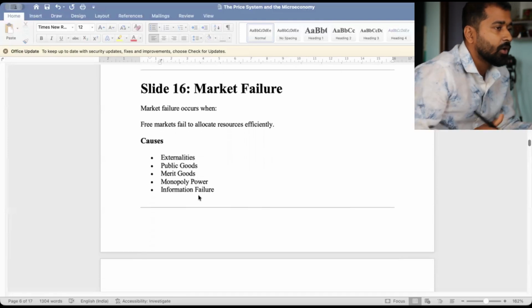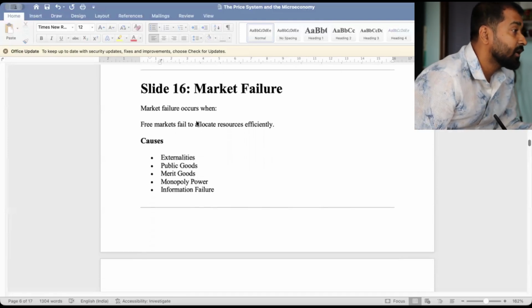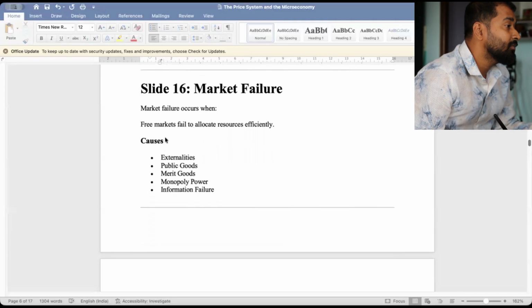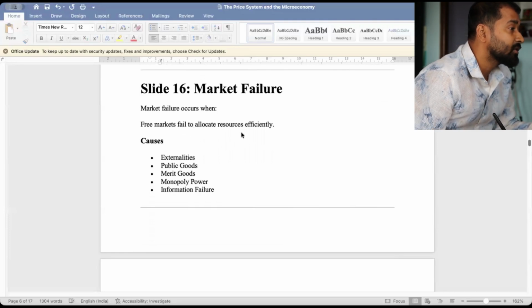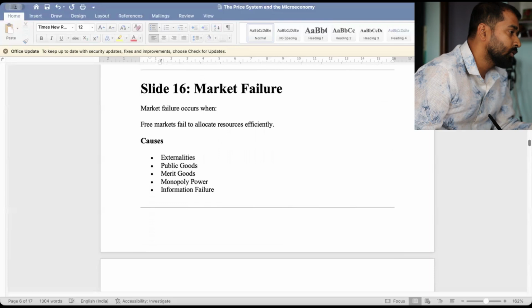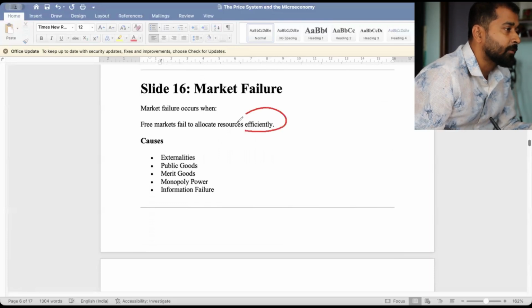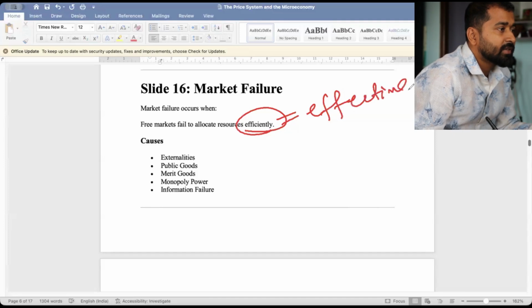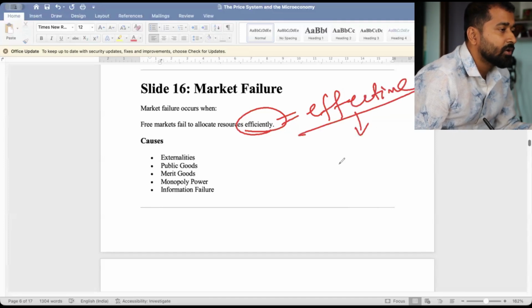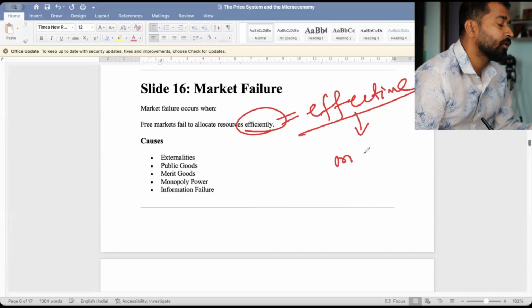Now market failure. What is market failure? Market failure occurs when the free market fails to allocate resources efficiently. Here the words are efficient and effective. Effective is using your allocated resources on time, you have finished your production and completed your work.